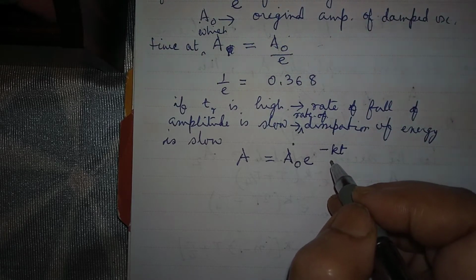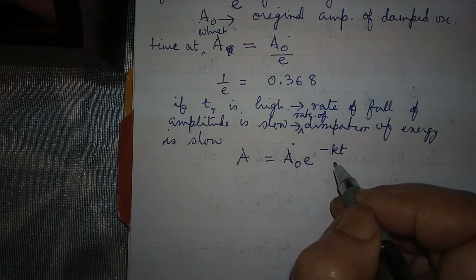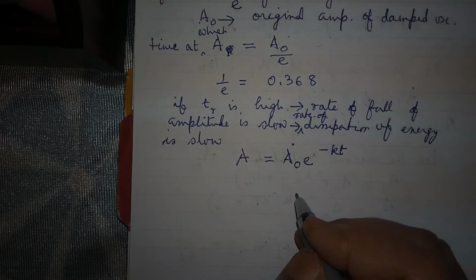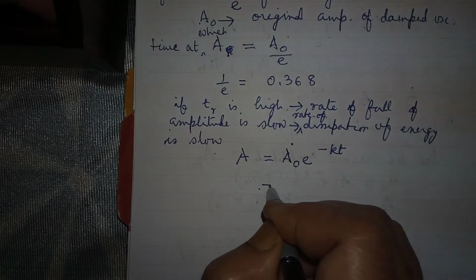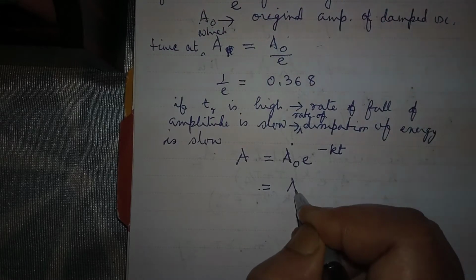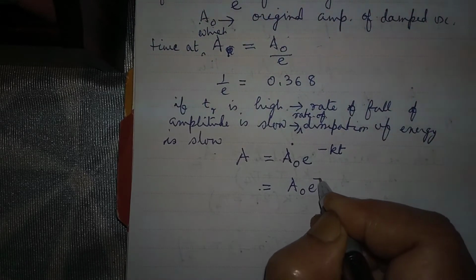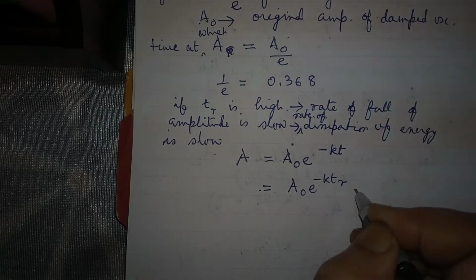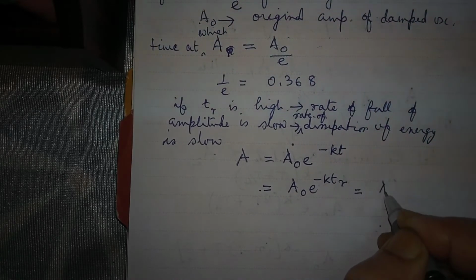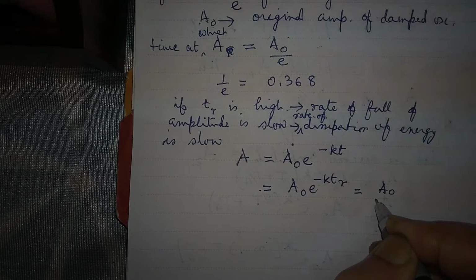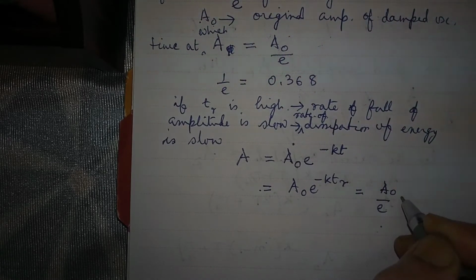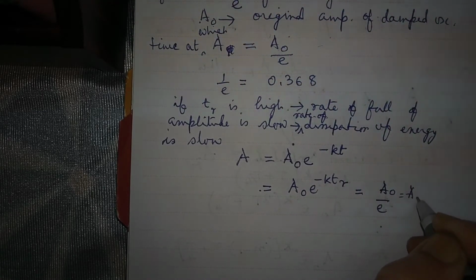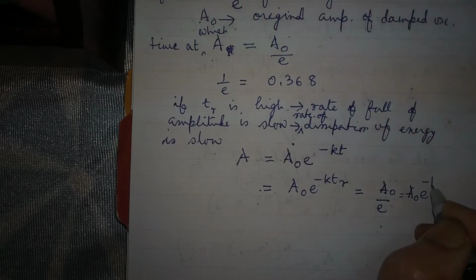So if t is the relaxation time TR, then A will be equal to A0 e to the power minus k TR, which is equal to A0 by E, that is, A0 e to the power minus 1.